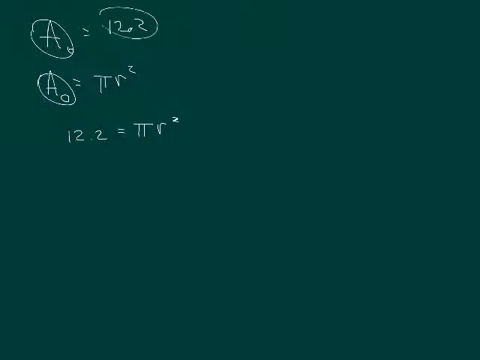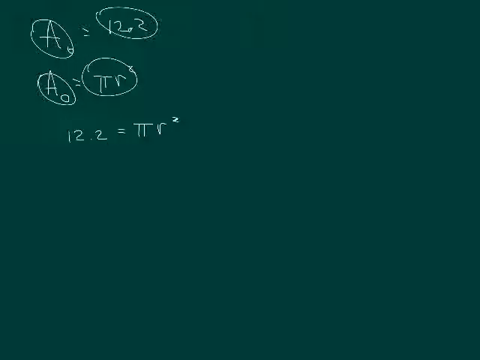So for example, if we have the area of a circle, and we say that that is 12.2, well, I know the area of a circle, the formula is pi r squared. So 12.2 equals pi r squared, because these are the same. So if those are the same, these have to be the same.